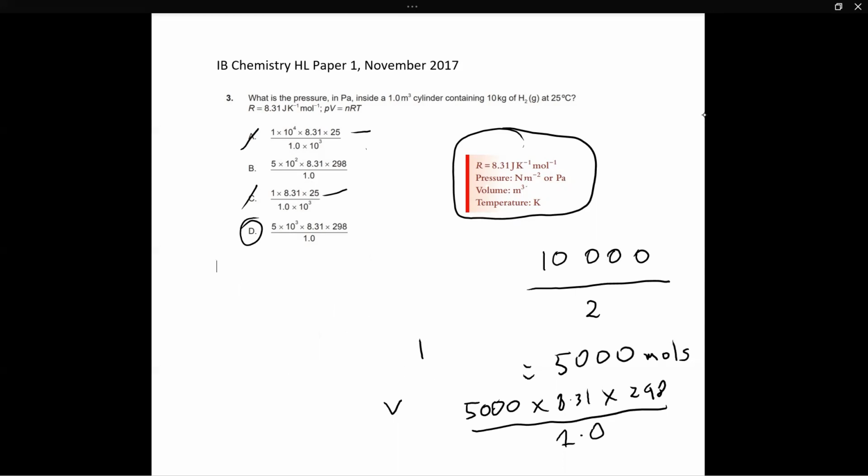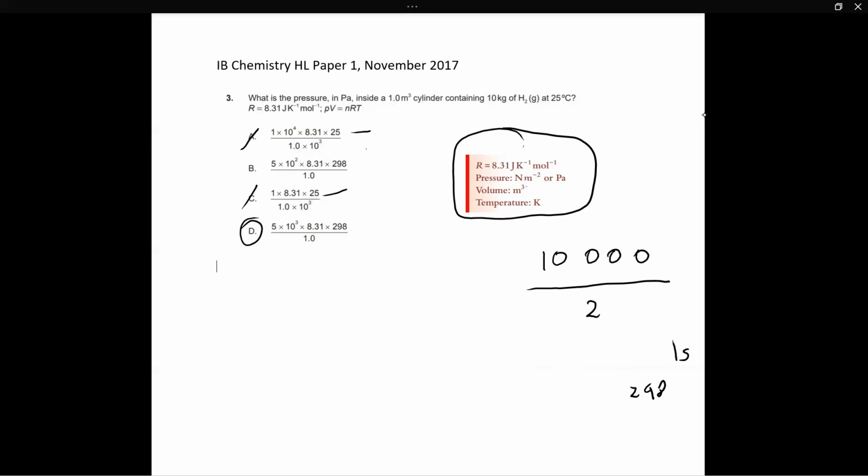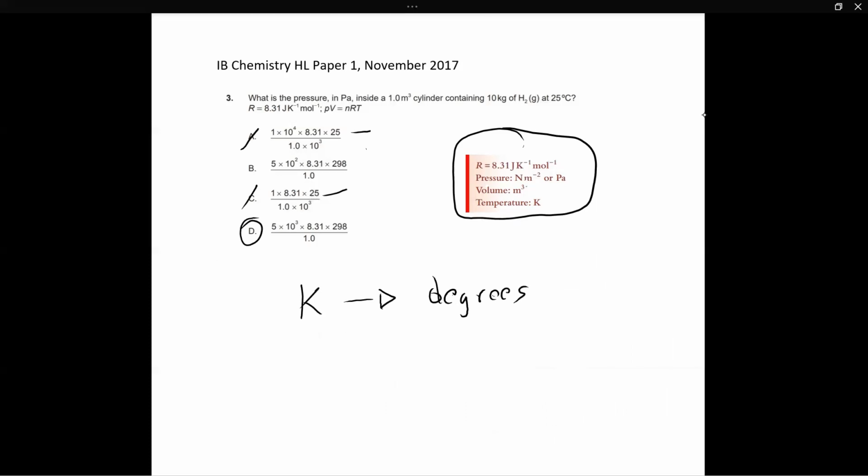Now, as usual, as I did with my previous video, I'm going to give you a few extra tips and pointers. So if you're interested in hearing that out, do stay. If you want to know how to convert from Kelvin to degrees and vice versa, forgive my handwriting, I will show you how to do that. It's very simple.